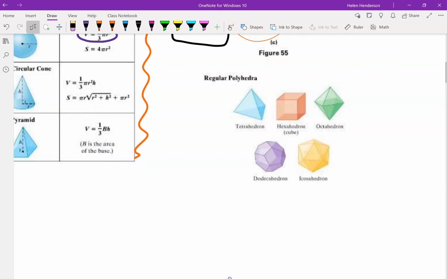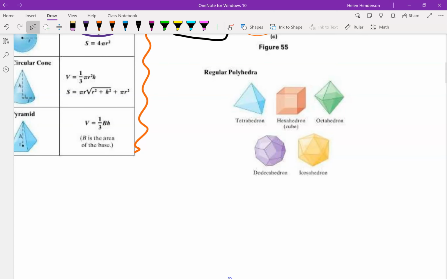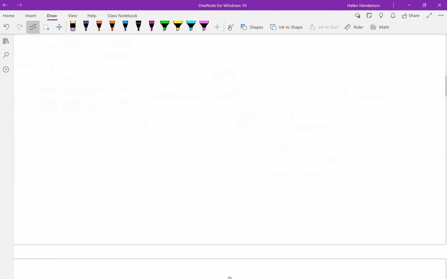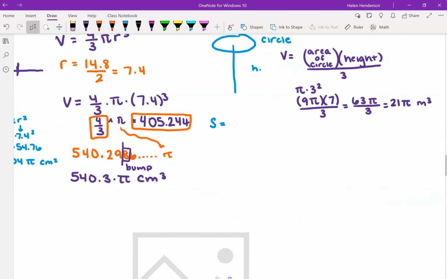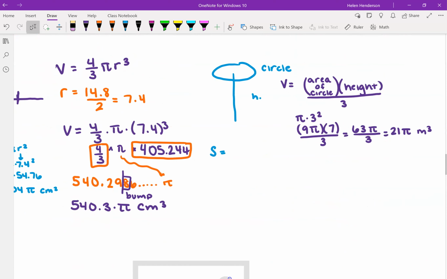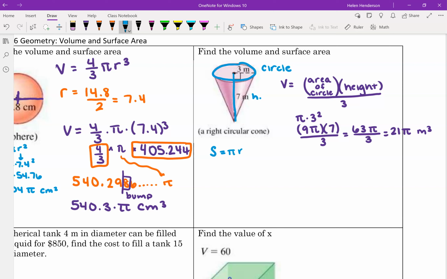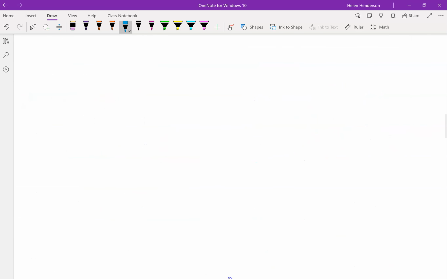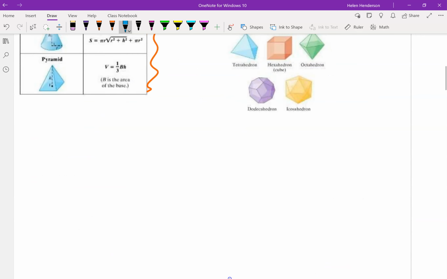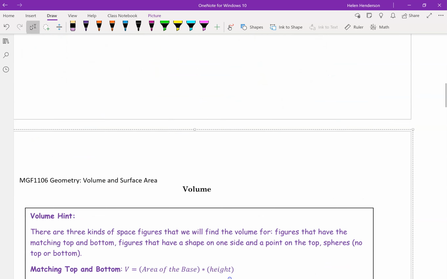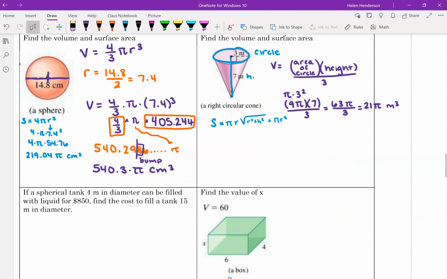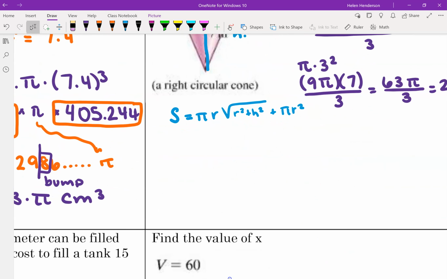Pi r times the square root of r squared plus h squared, plus pi r squared. I think that's what it was. Let me just look one more time, just to make sure. Okay, I got it. All right, let's do this.